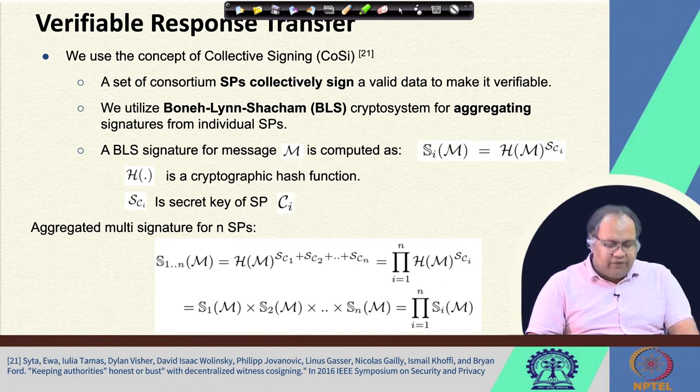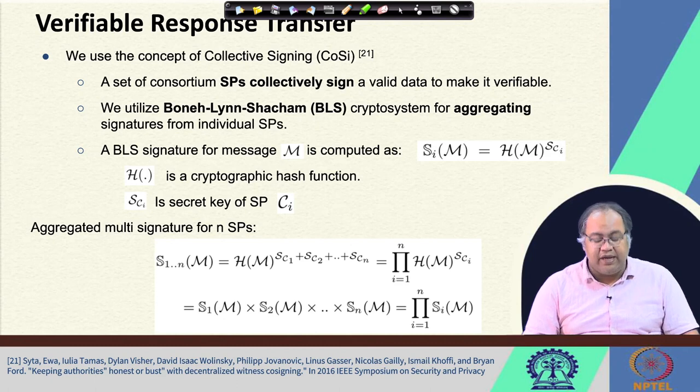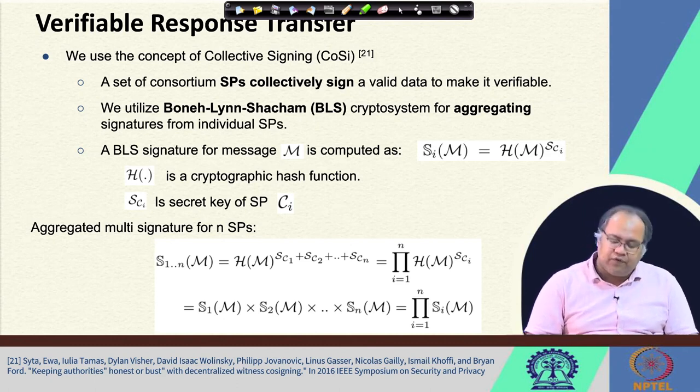To do that verification, we use the concept of collective signing, or COSI. We talked about the idea of COSI earlier, and we have seen the different ways this collective signing is possible. In this particular work, we use the BLS crypto system for aggregating the signatures of individual service providers.